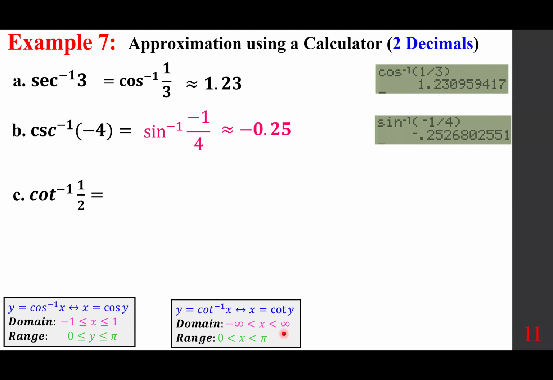cotangent. So if you set this equal to theta, that means cotangent theta is 1/2, which is x over y.